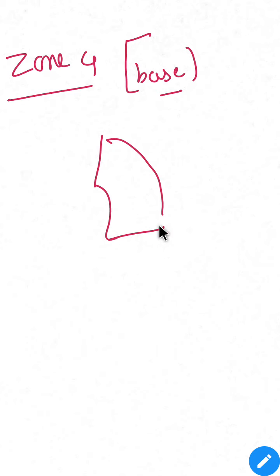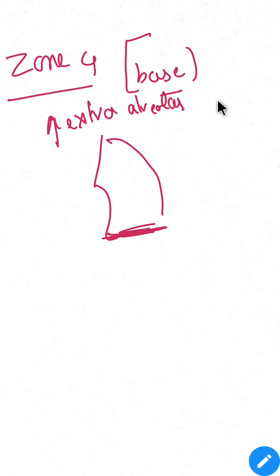This is the left lung. So at the base this zone 4 will be present. Here there will be an increase in extra alveolar pressure due to gravity, as it is present at the utmost base.